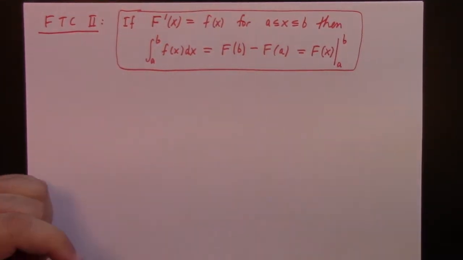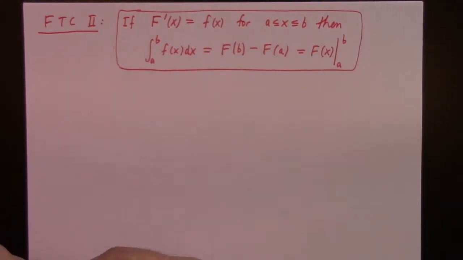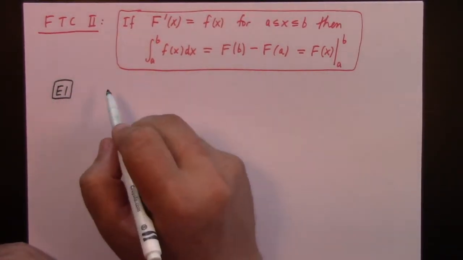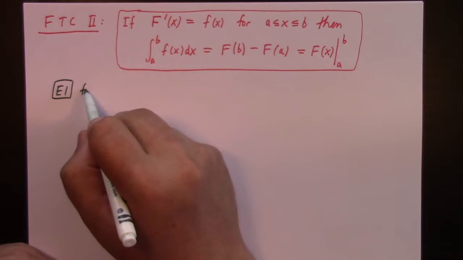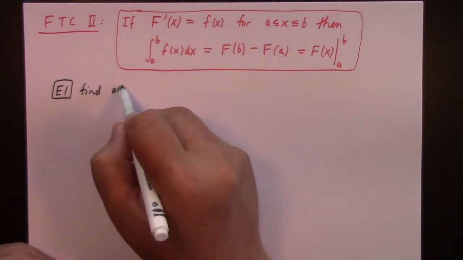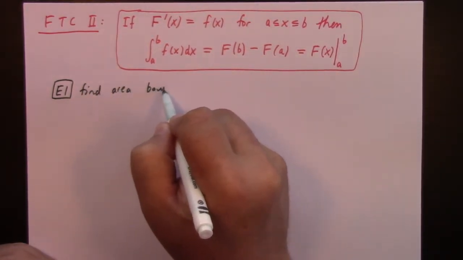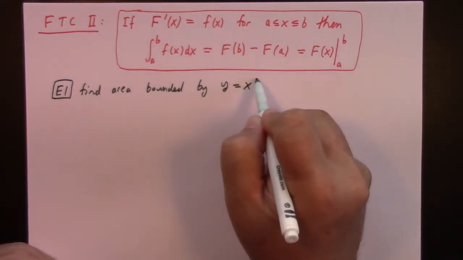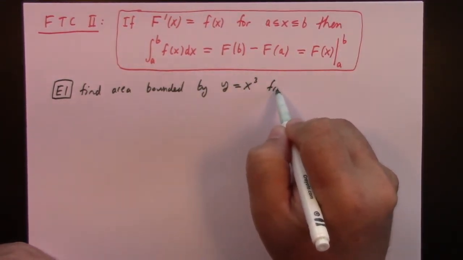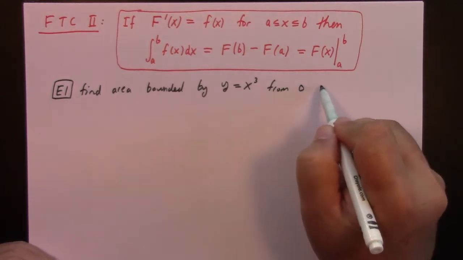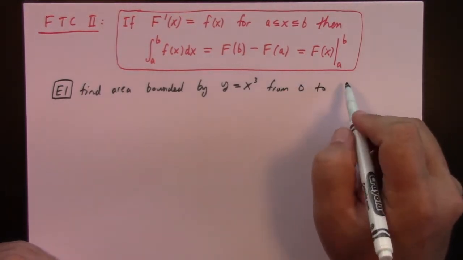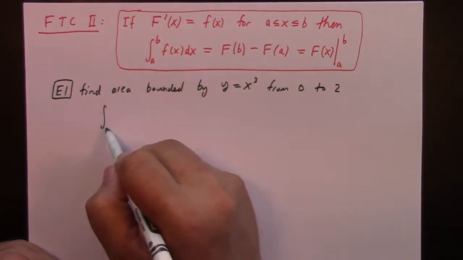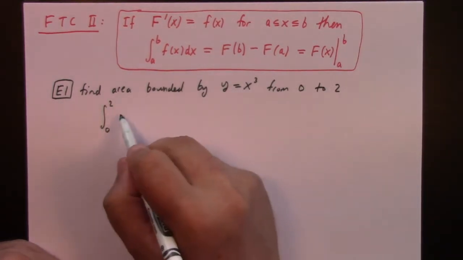So, a few examples of this. If I want to find the area bounded by y equals x cubed from 0 to 2, then I calculate the integral from 0 to 2 of x cubed.